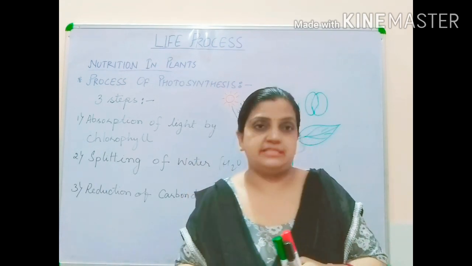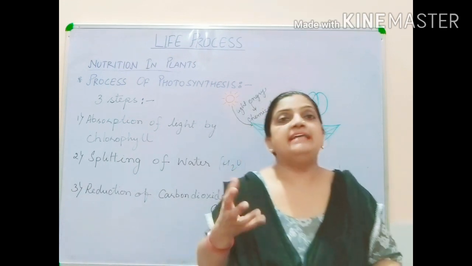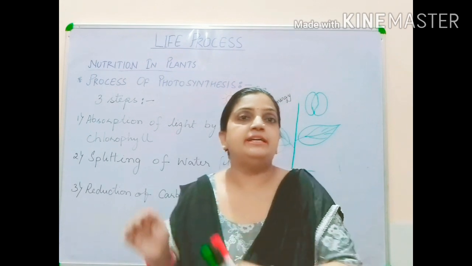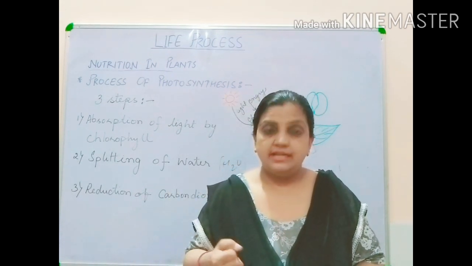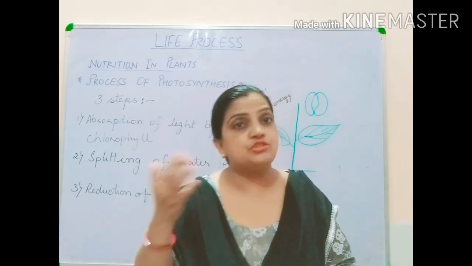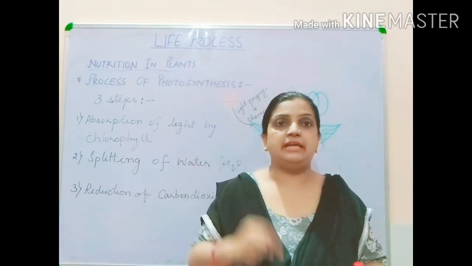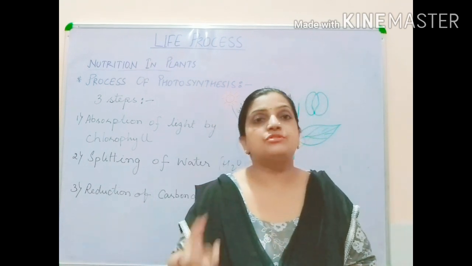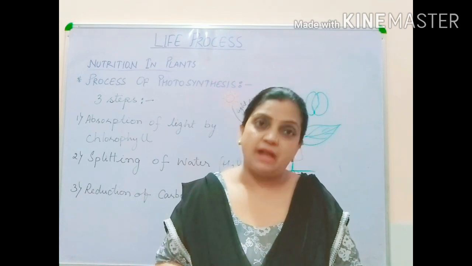And during night, this carbon dioxide produces an intermediate chemical. And this intermediate chemical converts into a form of energy. And this energy, during the daytime in presence of sunlight, when the stomata is closed, is used to produce glucose, which is the ultimate source of food for the plants.